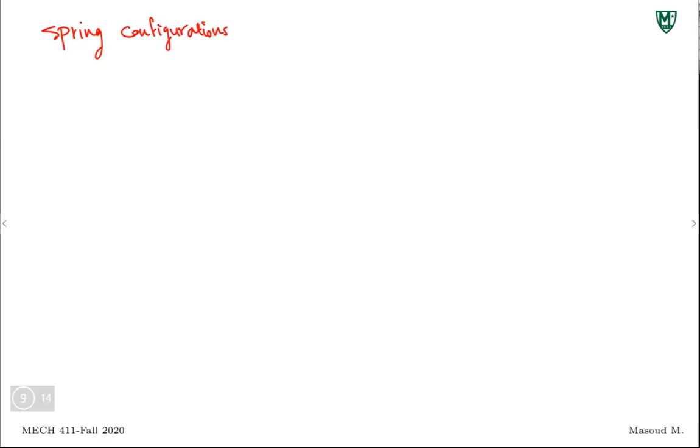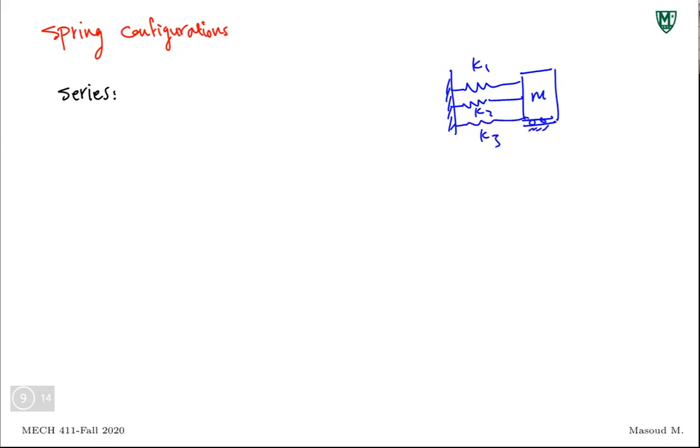So if we have springs in series, what do I mean by series? If I have a mass right here, and that mass is connected to some wall, not just by one spring, this is K1, but by more than one spring. In this case, 3. But in a general sense, there can be more.